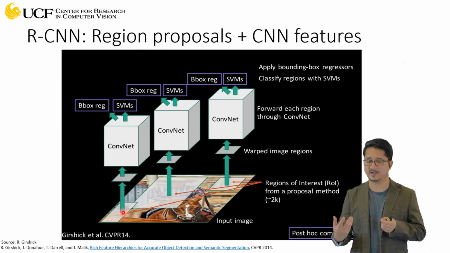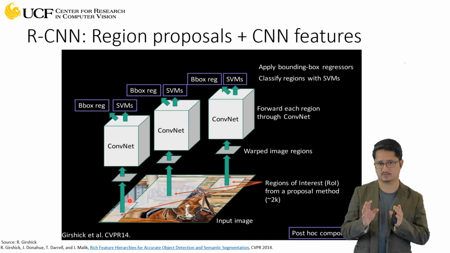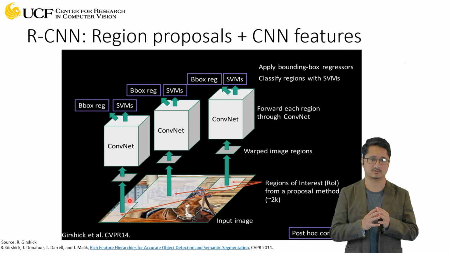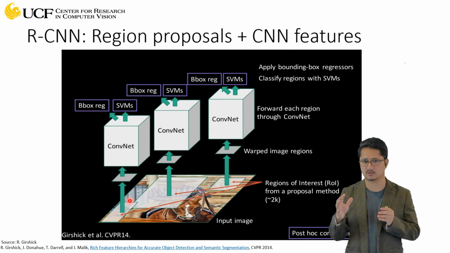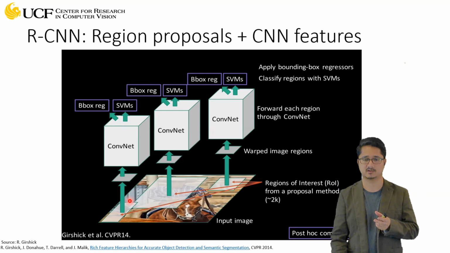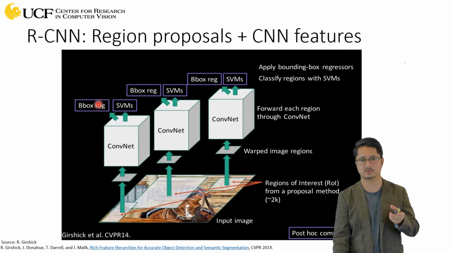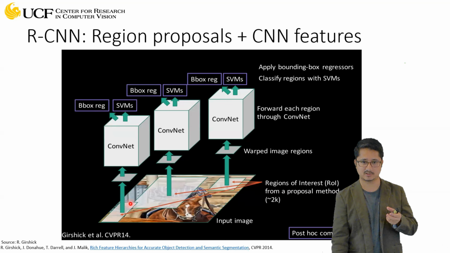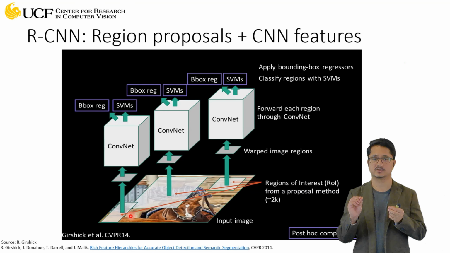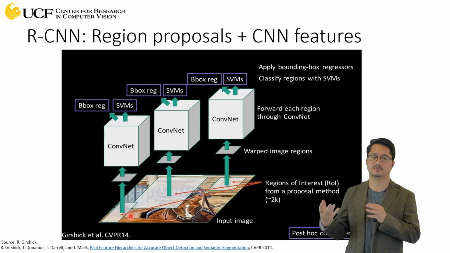Okay, but in reality what happens is this location is not perfect. You might need some kind of adjustment to it, maybe rescaling the bounding box or moving it slightly, some adjustments, right, to make it more perfect. And to do that, we need this bounding box regression. And this prediction is just telling you, given the location of this bounding box in the input image, how should I adjust those points so that the prediction is better aligned with the ground truth.